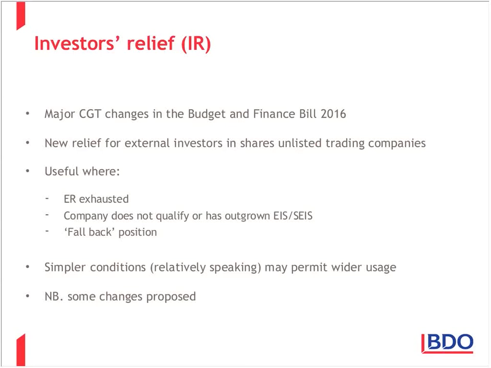It may also serve as a safety net for investors whose shares initially qualified for EIS or SEIS, but have since become disqualified. The qualifying conditions are, at least in their current draft form, much simpler than those applying to EIS, which may allow much wider use of the relief, for example, in the context of transactions funded by venture capital or other financial investors.